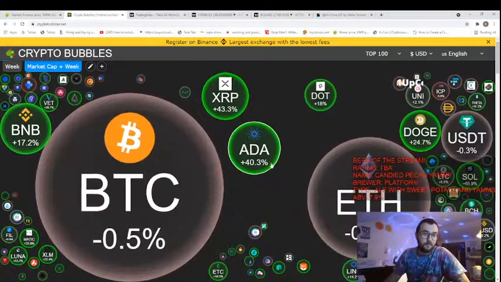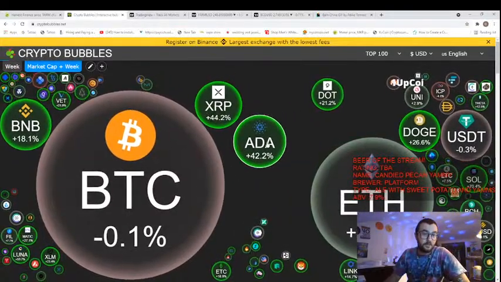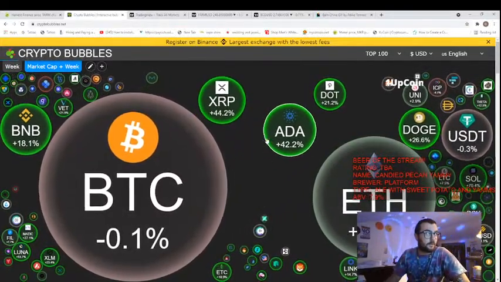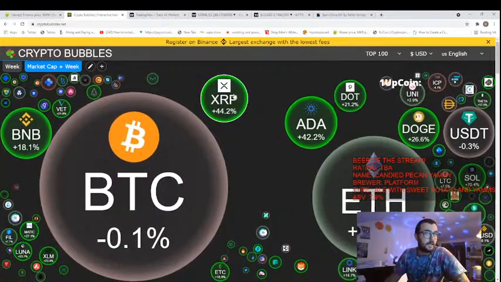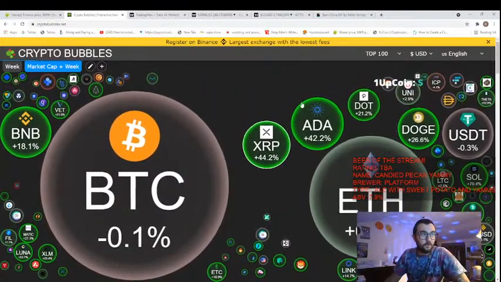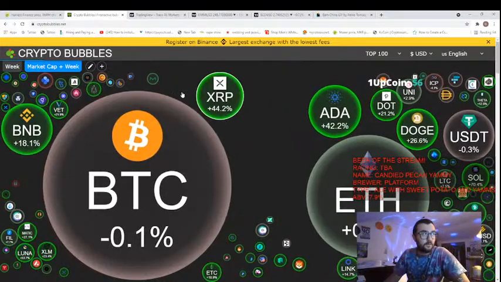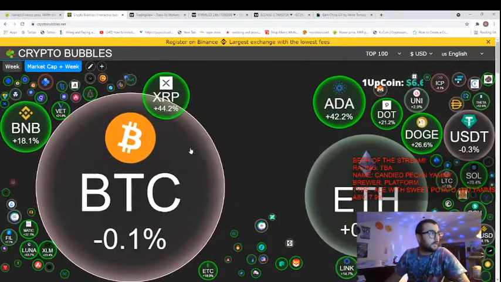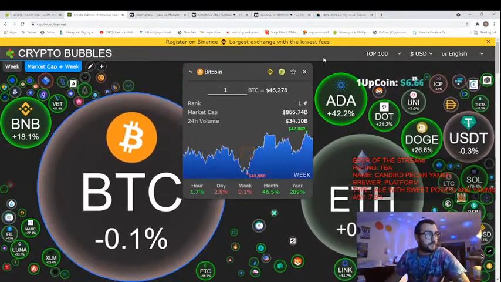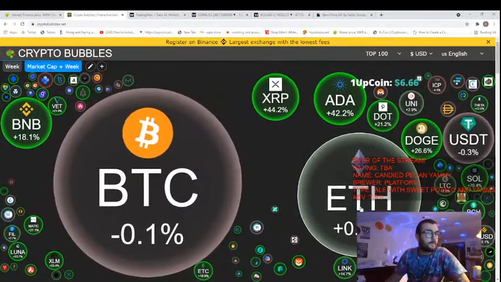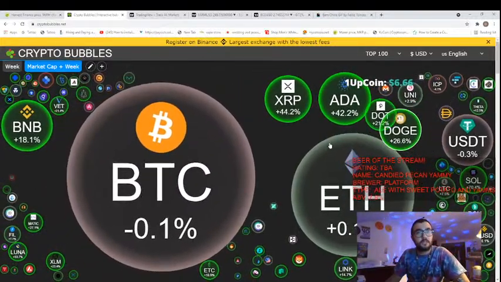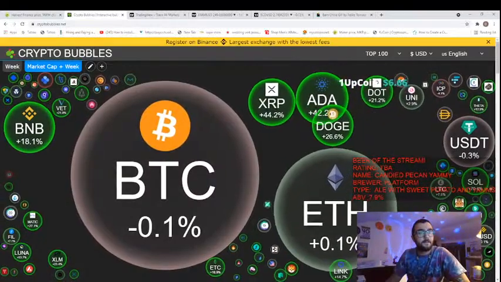So, up 42.2% for the market cap on the week. And XRP up 44.2% for total market cap on the week. BNB coming in close at 18.1%. And Doge up 26.6%.